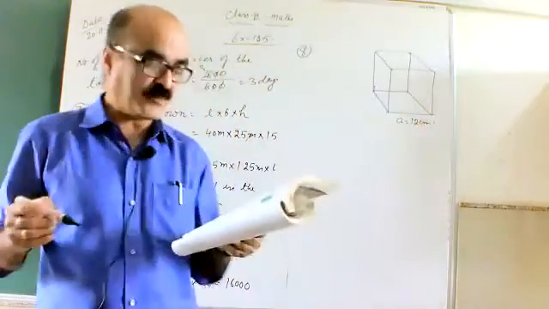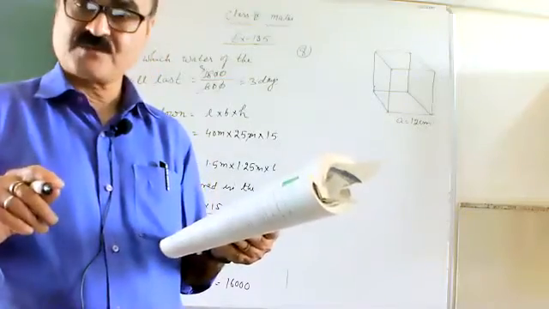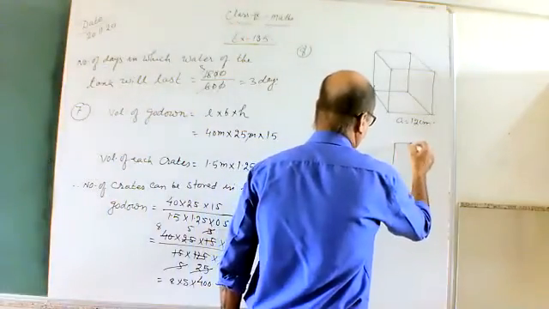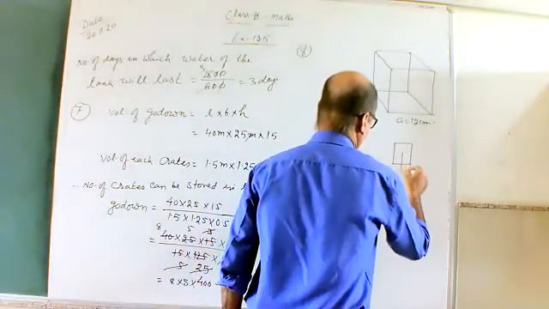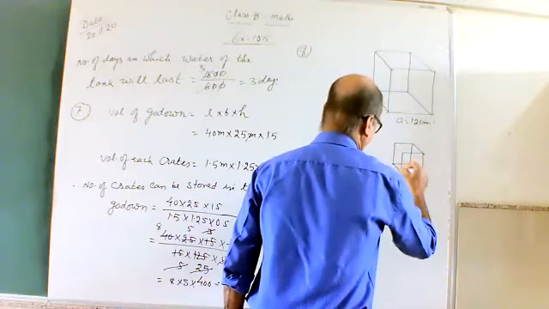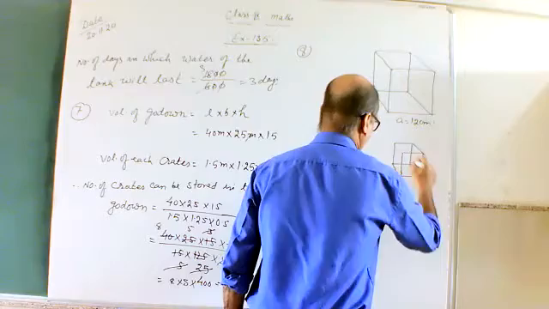Now this bigger cube is divided into 8 cubes of equal volume, okay? We have converted it into small cubes, into 8 pieces. This is divided into 8 pieces of equal volume.